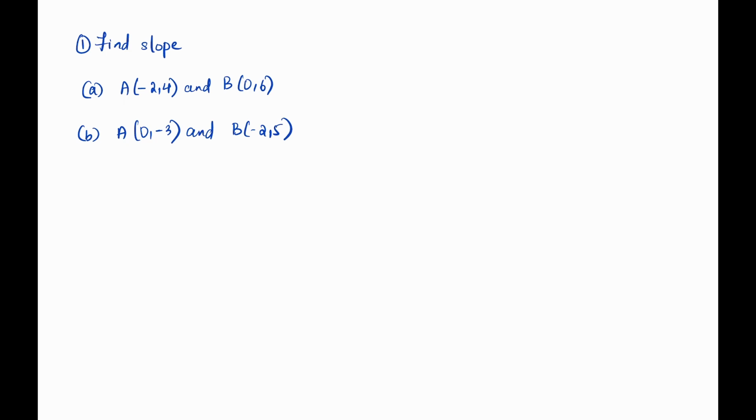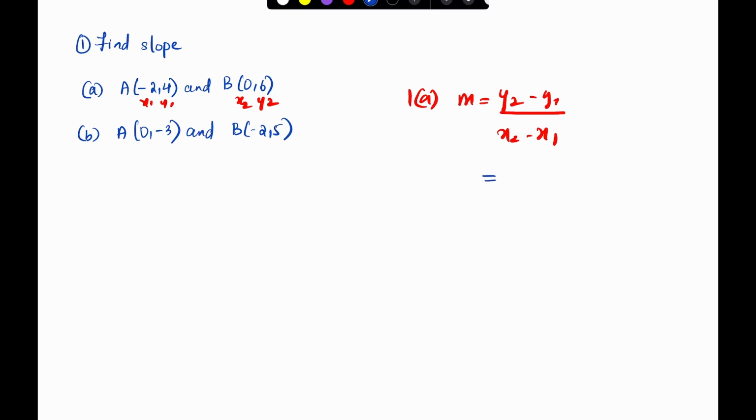Now try solving the following questions. Once you're done, you can resume the video. So the answer for the first one will be m is equal to y2 minus y1 by x2 minus x1, which is equal to 6 minus 4 by 0 plus 2 equal to 2 by 2 equal to 1.